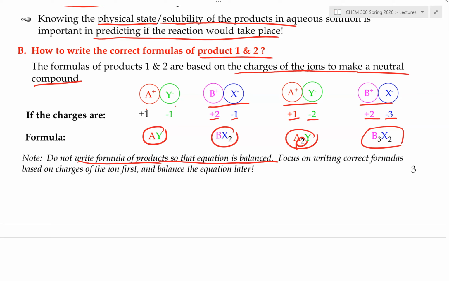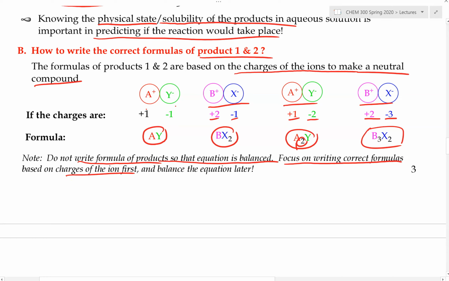As we are predicting and writing the formula of the products, focus only on writing the correct formula based on the charges, not on balancing the equation. If the equation is not balanced, we go back and balance it later. But initially, we write the formula of the product based on the charges of the ions.